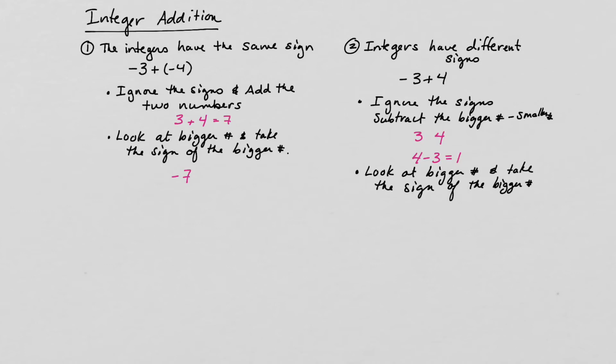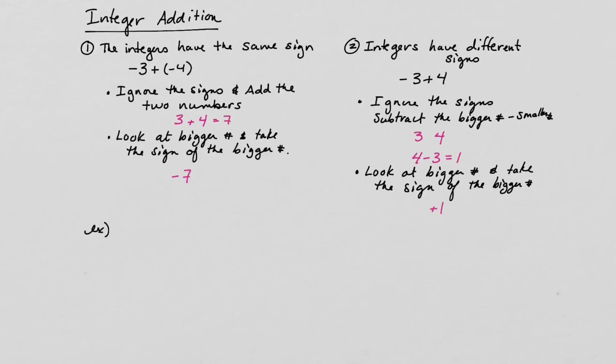So in this case, the bigger number between -3 and 4 is 4, and that's what I did here too. 4 was bigger, 4 was positive, so my answer is going to be +1. So let's do a couple more examples here.